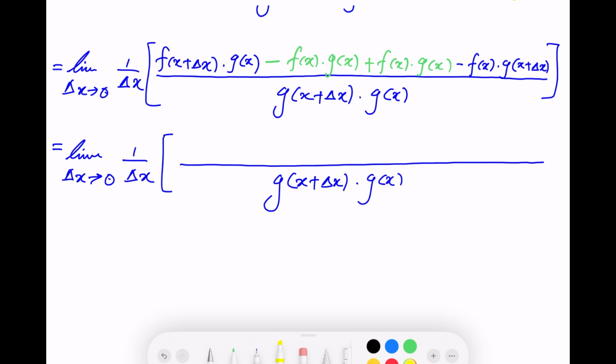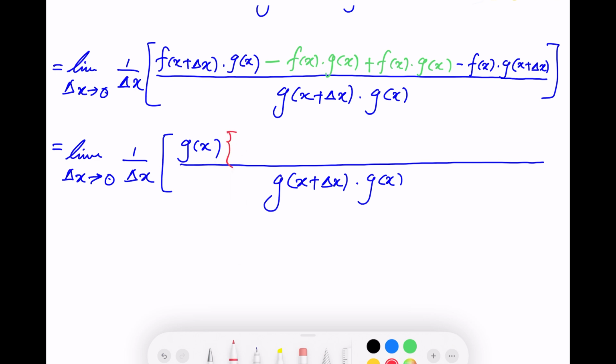From the numerator, I'm going to group this first part, the first two terms. From those two terms, you can clearly see that g of x can be factored out. So let me go ahead and factor out g of x. When I factor out a g of x, let me open brackets.